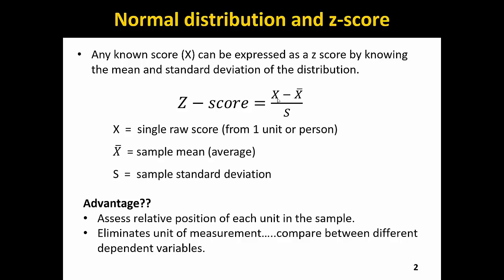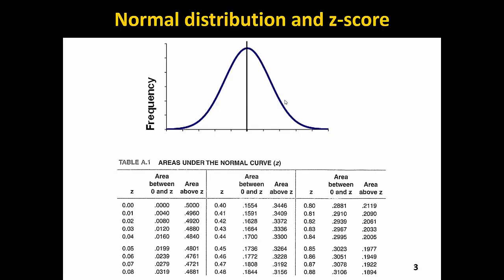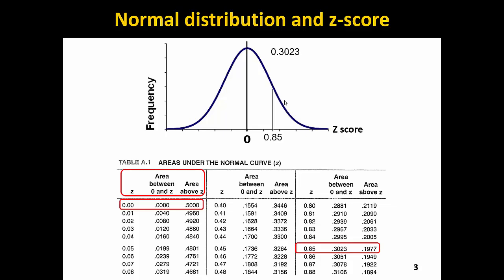If that's the case, the person's score is exactly average, and that score will lie right along that line of symmetry. Naturally, the area between 0 and the z-score of 0 is going to be 0. Now the area above that will be 0.5, or 50%.